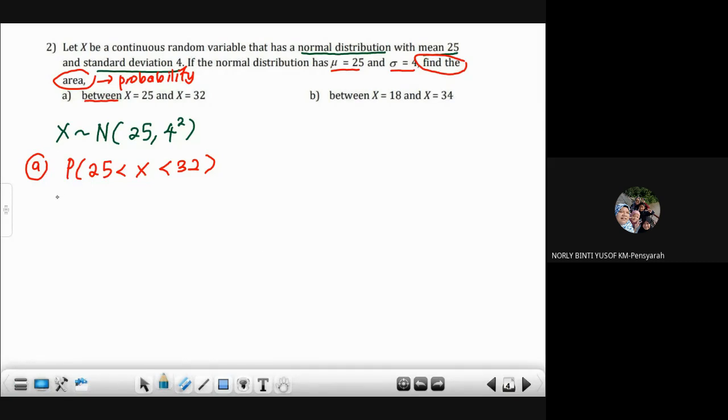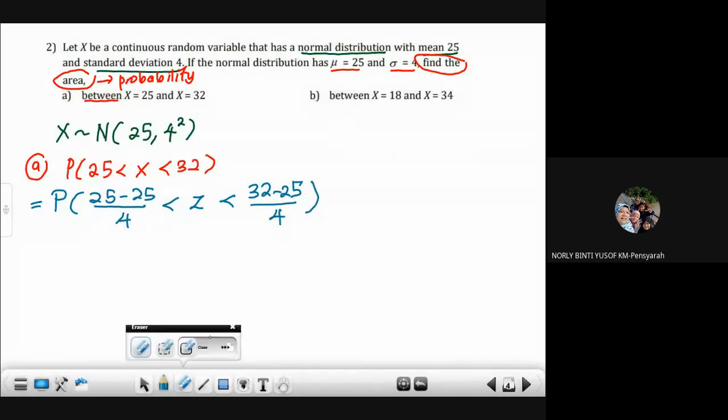So bila you standardize, masih probability, kita tulis P tu probability. Tapi untuk 25, kita kena standardize 25 minus with your mean also 25 over standard deviation. Okay, and then X tukarlah bila you dah standardize, dalam Z formula, ni akan jadi Z lah. Sama juga for 32, 32 minus 25 over 4.